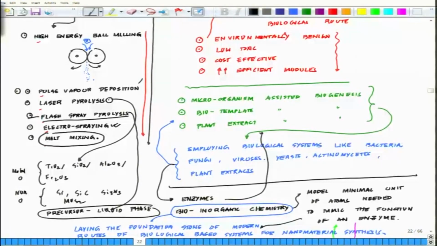So, the last of this lot is melt mixing. Melt mixing is essentially a method involving mechanical mixing of a polymer with modified nanofillers by extrusion or kneading, and less commonly by injection molding techniques. Okay. This is one of the oldest methods to design polymer composites with nanoparticles.